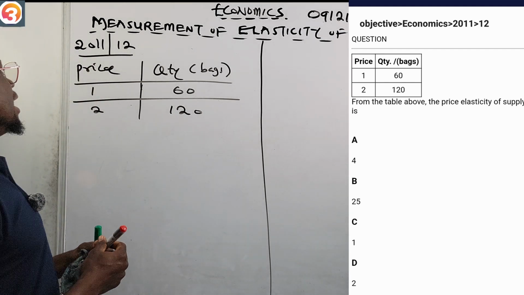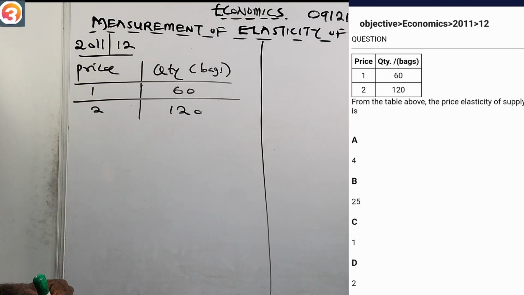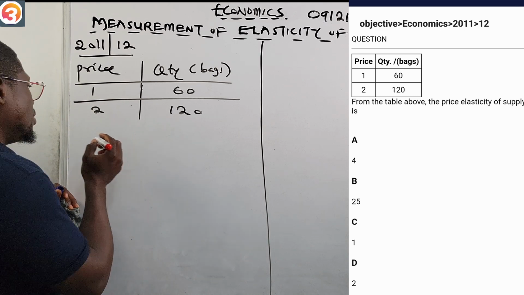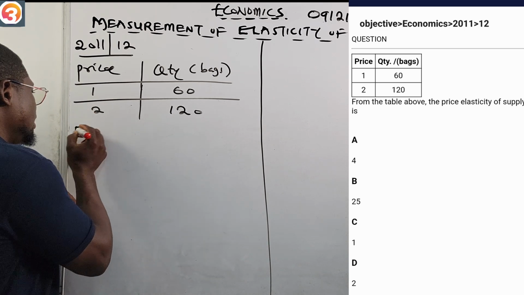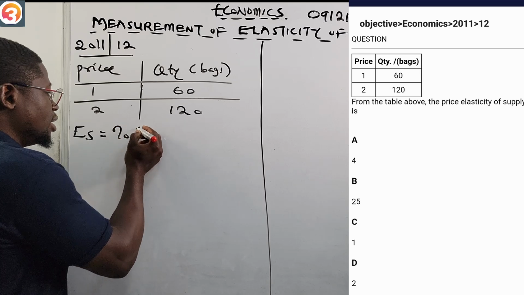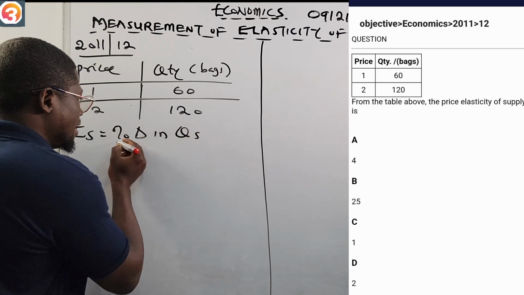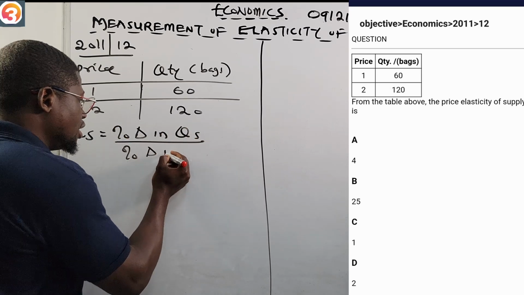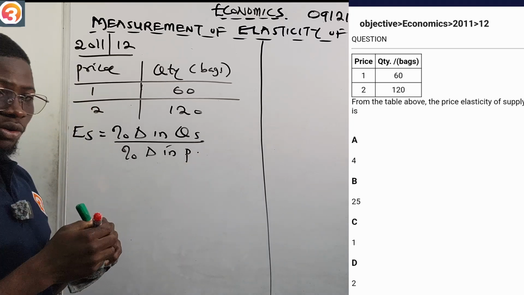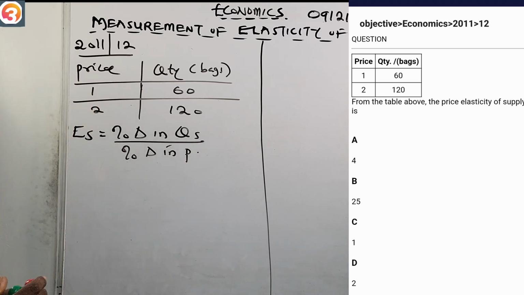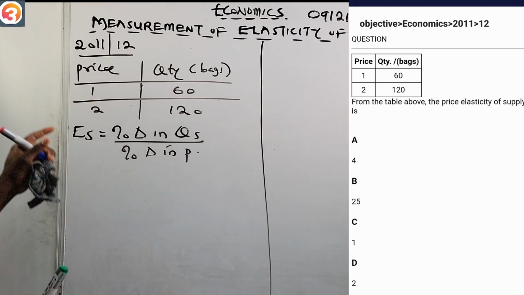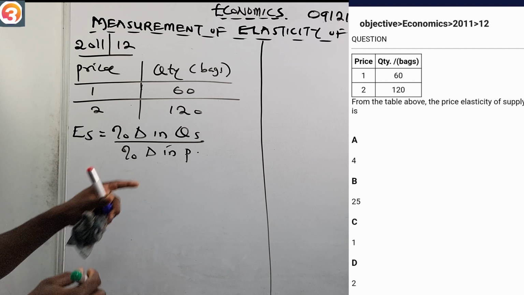All right, so now let us go. This is price, this is quantity. Now we already know that elasticity of supply is percentage change in quantity supplied over percentage change in price. Let us keep that at the back of our mind. Now, what is percentage change in quantity supply?